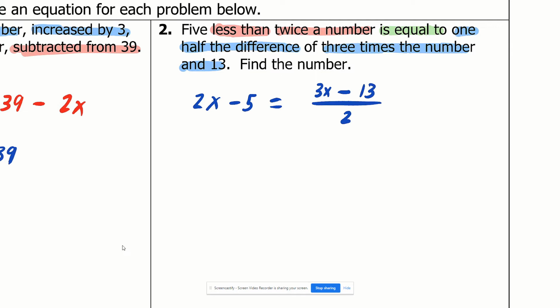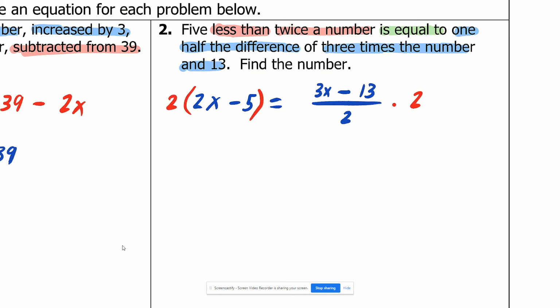Now, in solving this problem, we've done this already enough. What has to go first? We've got to get rid of our 2 that's in the denominator, right? Got to get rid of that denominator. It's being divided. How do we get rid of it? When I multiply by 2, it'll cancel on the right, but what will it have to do on the left?